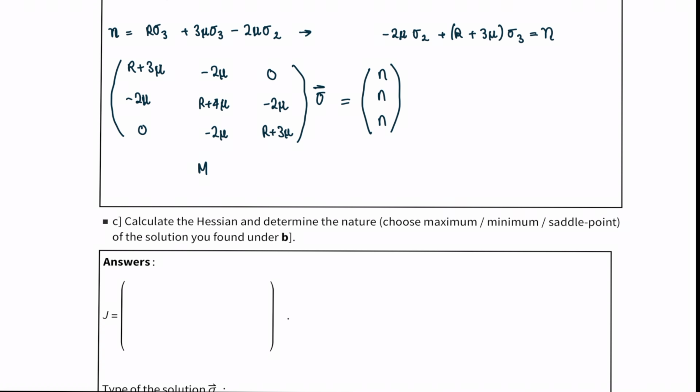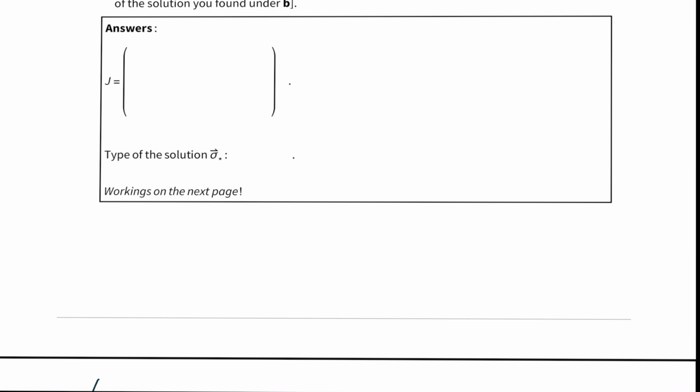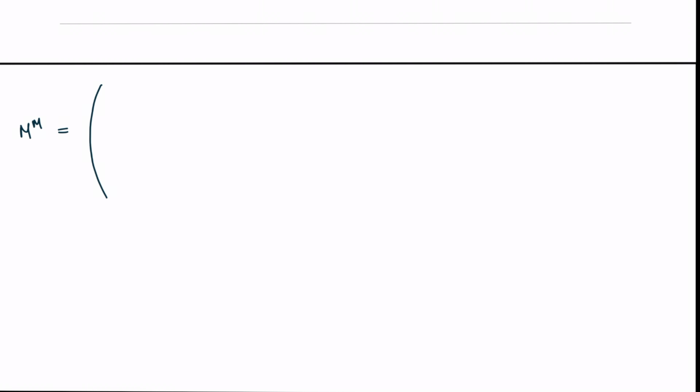So to work out the inverse of M, I'm first going to work out the matrix of minors, which just means if I want the matrix of minor for that element, I would cross out this row and this column, and work out the determinant of the matrix that is left behind. And when I do that, I get (r plus 4 mu) multiplied by (r plus 3 mu) minus 4 mu squared.